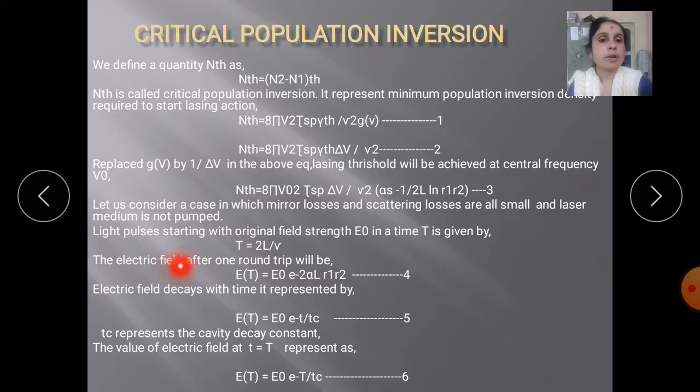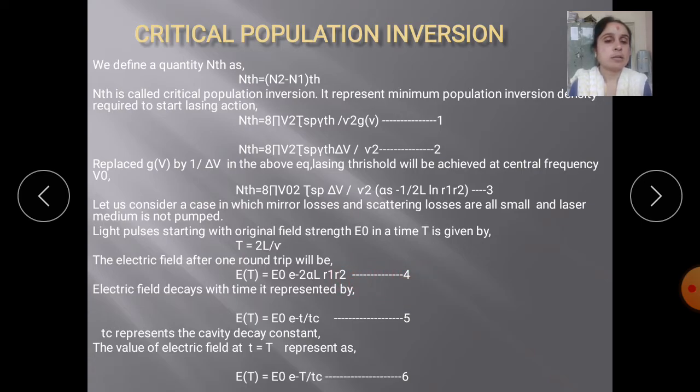The electric field after one round trip is given by E of t equal to E0 exponential of 2 alpha L R1 R2, which is equation 4.